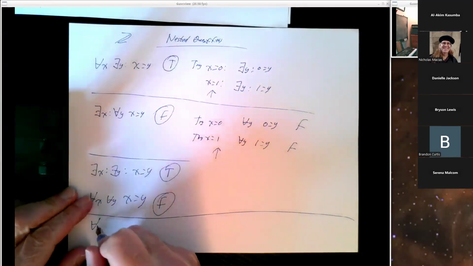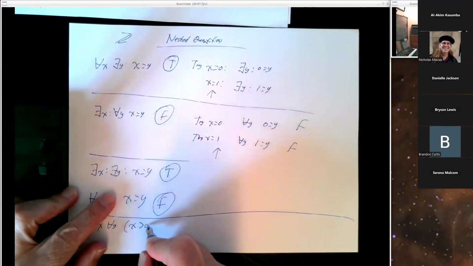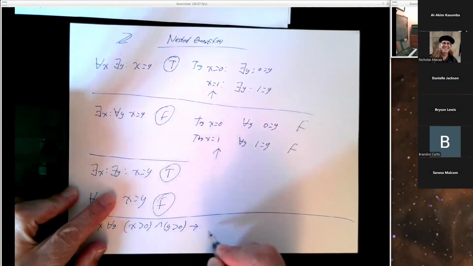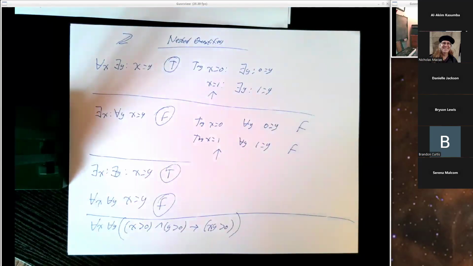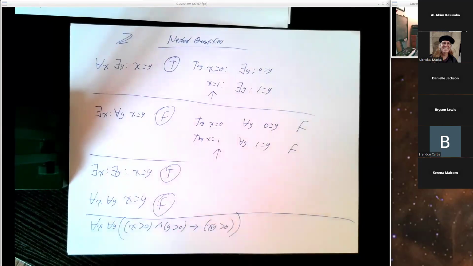For example, for all x, for all y, x bigger than 0 and y bigger than 0 implies xy is bigger than 0. Well, that's true. And it's actually a really useful fact. It's our understanding that if we multiply two positive numbers together, we get a positive number.